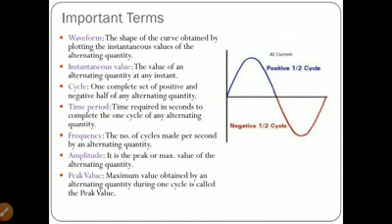Amplitude: it is the peak or maximum value of the alternating quantity. It's called amplitude. Then peak value: the maximum value obtained by an alternating quantity during one cycle is called the peak value.